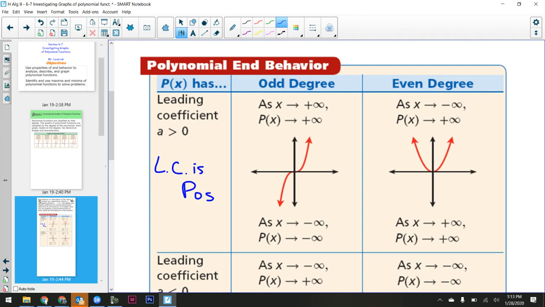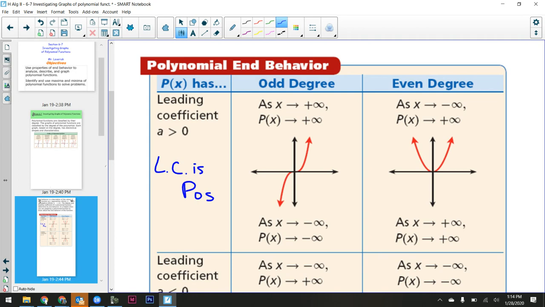And again, I don't care what the number is. I only care about whether it's positive or negative. It could be a 6, but I don't care that it's a 6. I care that it's a positive 6. The degree could be quintic, a 5. But I don't care that it's a 5. I care that it's odd.